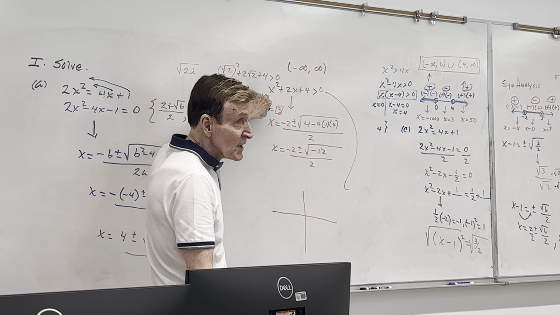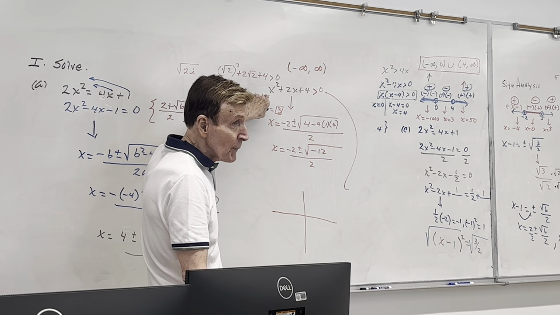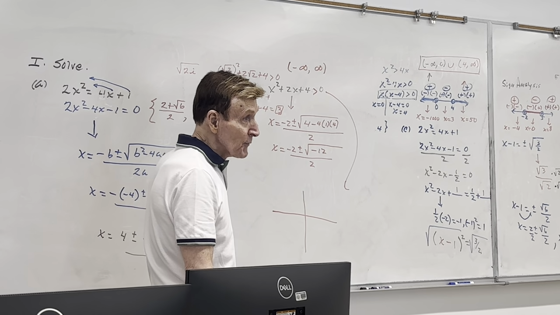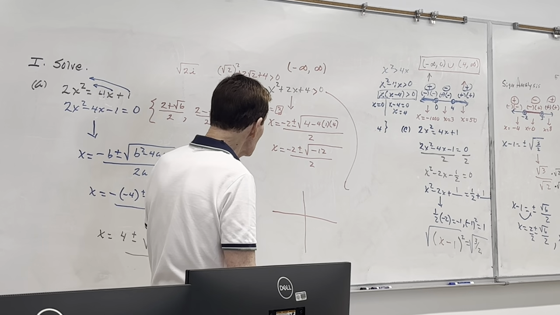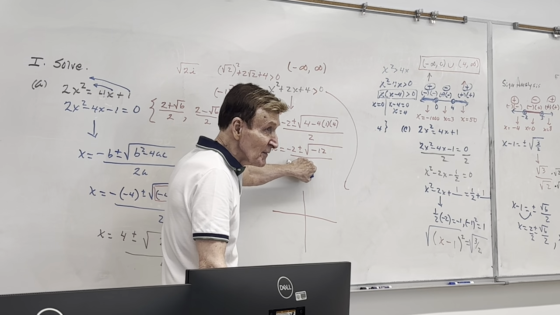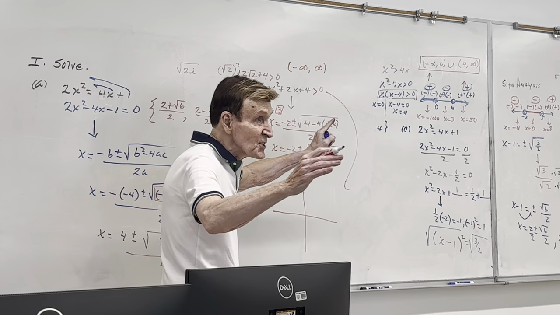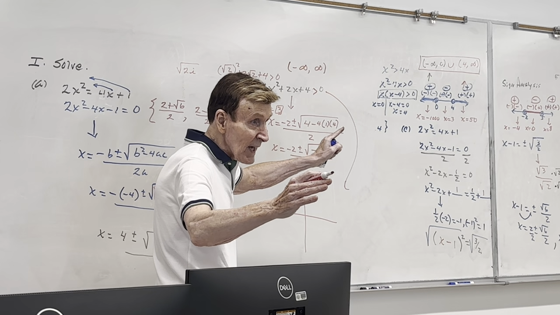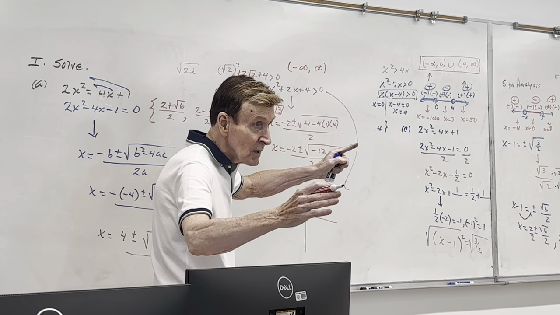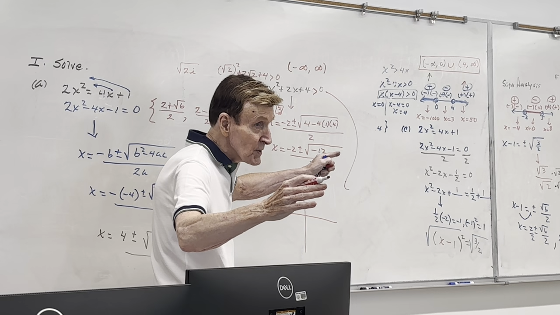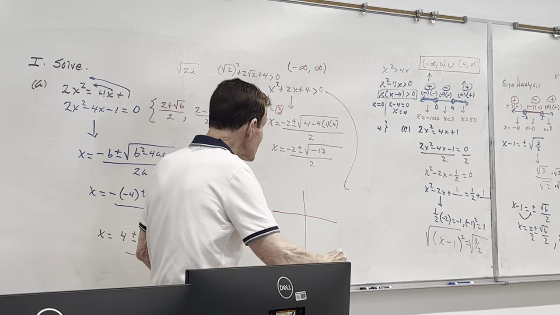If it's positive, it does what? It opens up. He's telling me, Professor, when it opens up, and you've already found this does not work out, it does not touch the x-axis. If it touches the x-axis, you have answers. This one's not going to touch the x-axis because I get imaginaries. He says it's going to open up.